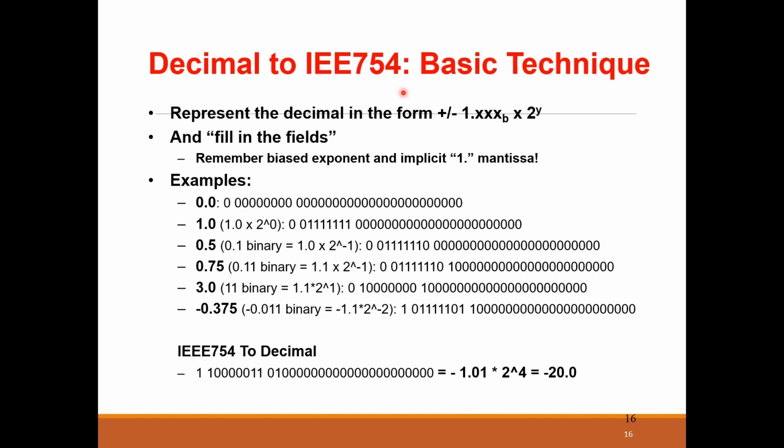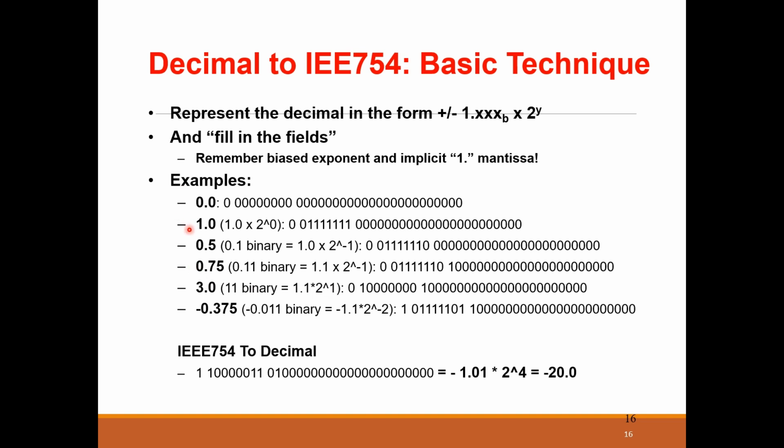So decimal to IEEE 754, how to convert them? The basic techniques are given here. Represent the decimal in the form of plus or minus 1.xxx times 2 to the power y, and fill in the fields. Remember biased exponent and implicit 1 mantissa.